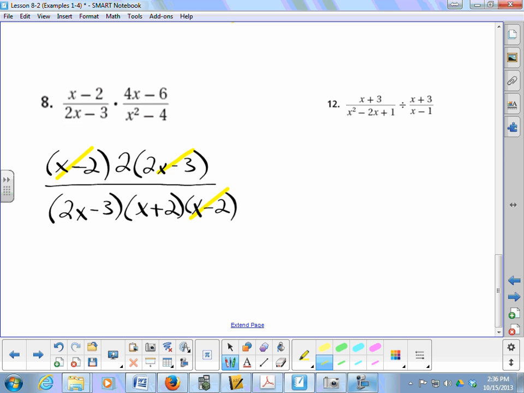And they both have 2x minus 3. So my result, I have a 2 left in the numerator and x plus 2 in the denominator. And this one does not ask me for restrictions, it says assume they're all defined. So I don't need to say it's not equal to this and that.